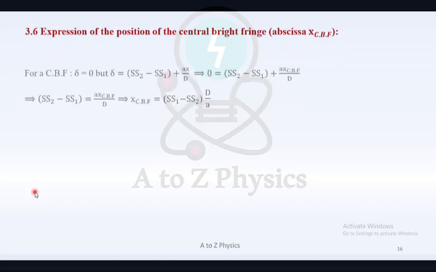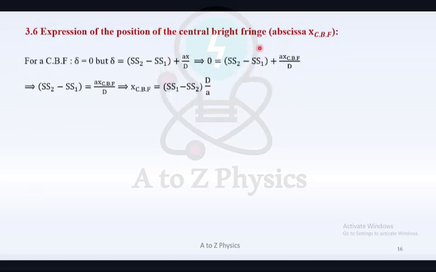Now we are going to determine the expression of the position of the central bright fringe. For a central bright fringe, delta is equal to 0, but delta equals SS2 minus SS1 plus aX over D. By replacing delta in this expression, we get the position of the central bright fringe, which is equal to (SS1 minus SS2) times D over a.